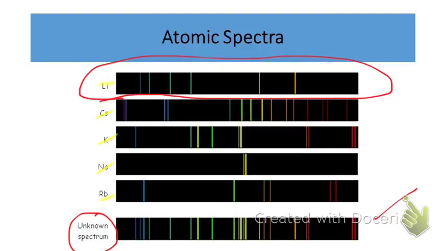So if you look closely, we can start doing that. If we drop that down, it looks like we got some potassium there. There are some lines for potassium. Any other potassium lines? Yep, there.